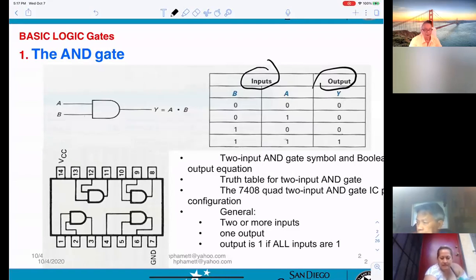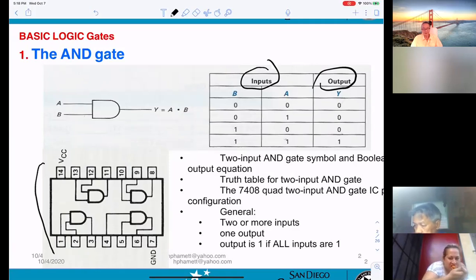If you look at the simple diagram here, the pins are numbered 1, 2, 3, up to 7, then 8 to 14. In most ICs, pin 14 is connected to 5 volt power, and pin 7 must be connected to ground. Without the power and the ground, the gate does not work.